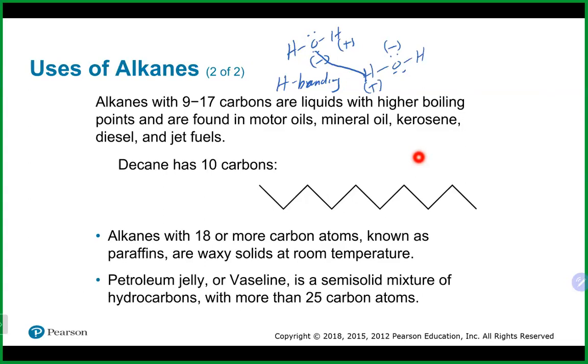So if you're ever comparing a nonpolar molecule to another nonpolar molecule, or really an organic guy to another organic guy, if they're both using dispersion forces, the one that is the smaller of the two in terms of atoms and molar mass will have the smaller boiling point and melting point. The one that has the larger molar mass will end up having the larger boiling point and melting point.